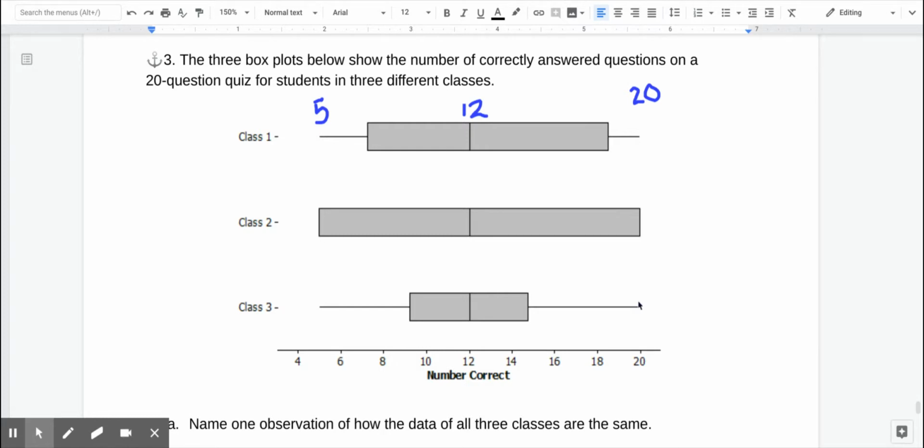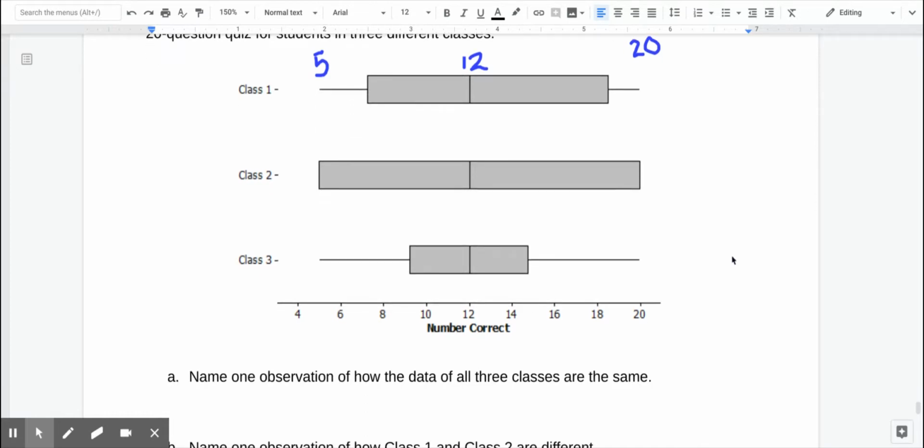And this is a great example of when we'd want to give the interquartile range as well as the range, because if we are just looking at the median of 12 and the range of 20 minus 5 or 15, that's the same for all 3 of these classes. And yet there's obviously a very big difference in the way students did.